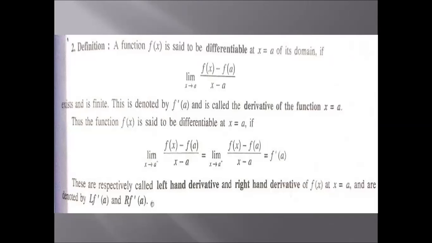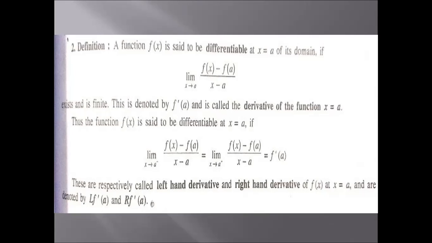A function f(x) is said to be differentiable at x = a of its domain if the limit as x tends to a of (f(x) - f(a))/(x - a) exists and is finite. This is denoted by f'(a) and is called the derivative of the function at x = a.